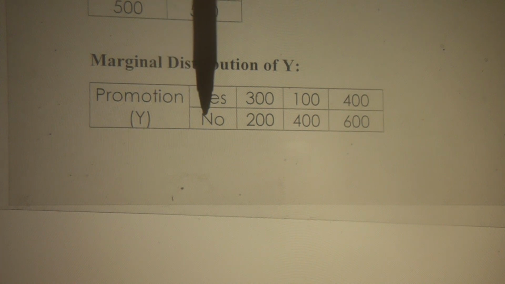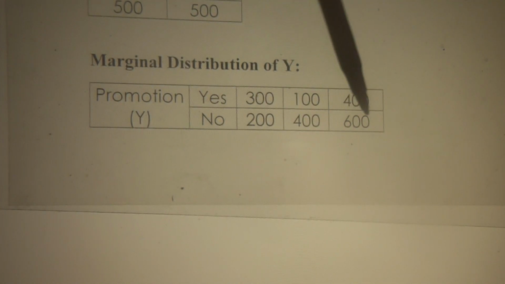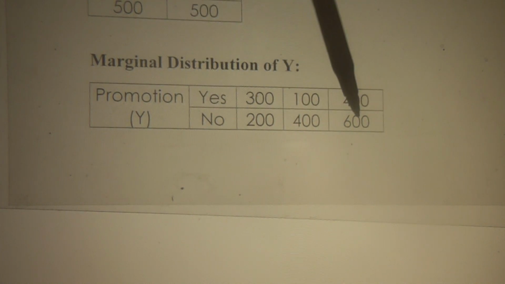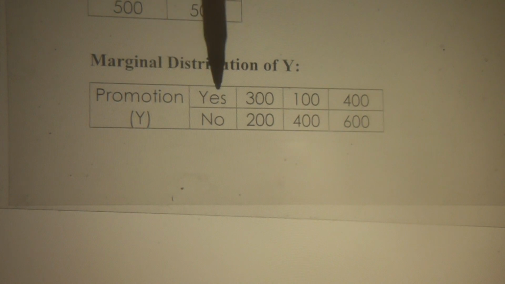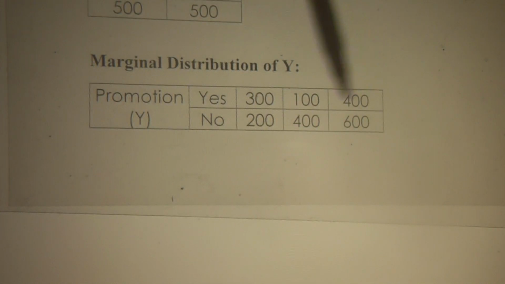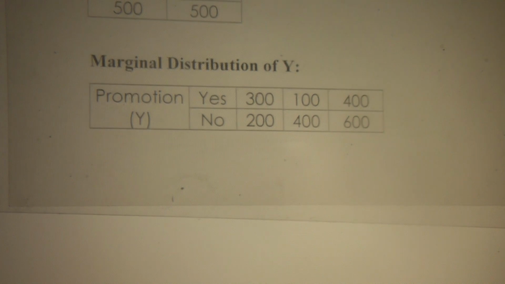There were 400 people who got promoted in the company in the last 3 years. And how many of them did not get promoted? Well, 600. 600 workers in the company did not get any promotion in the last 3 years. So yes or no are the two possible values, and how often we see them: yes, 400; no, 600.